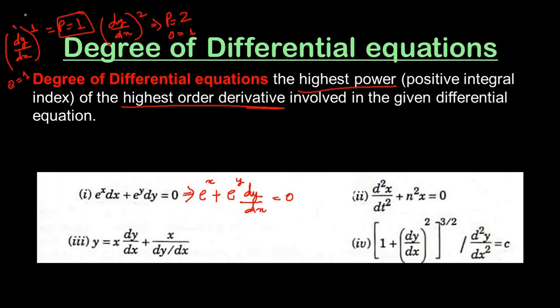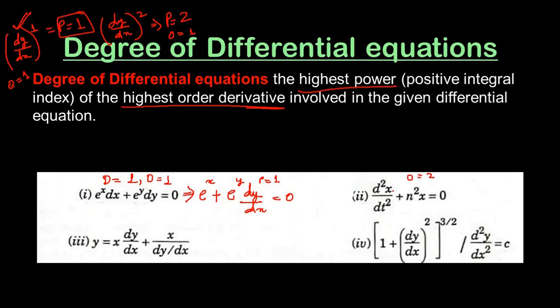Now look at this example. The power of this derivative is 1, right? And therefore, the degree of this differential equation will become 1. And the order is also 1. So this differential equation is of the degree 1 and order 1. Look at the second term. So the second term has a derivative of the order of 2.